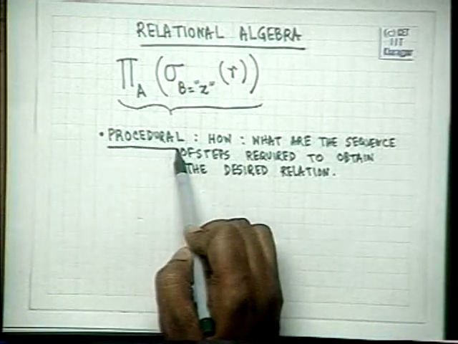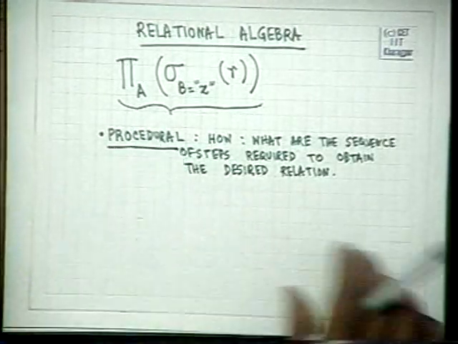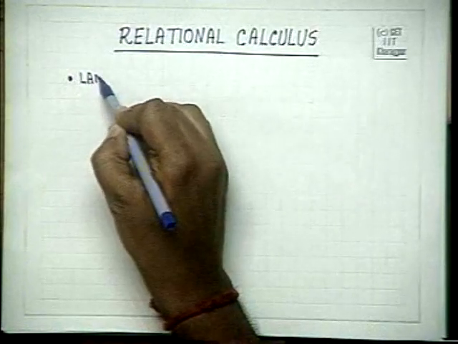The difference between relational algebra and relational calculus mainly stems from this procedurality of relational algebra. Relational calculus, on the other hand, is another language for defining new relations.